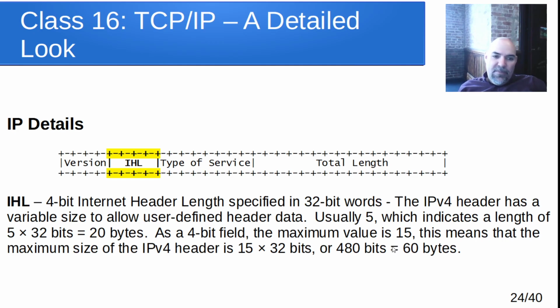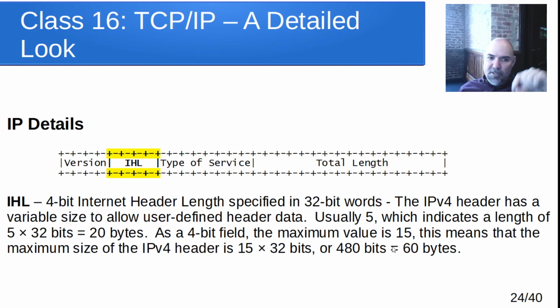Now the IHL, that's the internet header length, specified in 32-bit words. The IPv4 header has a variable size, the same way that the TCP header did with that offset field. They call it IHL in the IP header for some reason, but it's usually 5, which indicates 20 bytes. It's a 4-bit field, so the maximum is 15. So again, you could have up to 60 bytes.